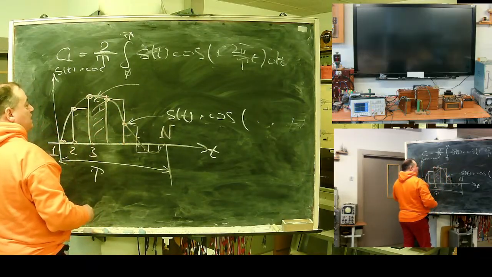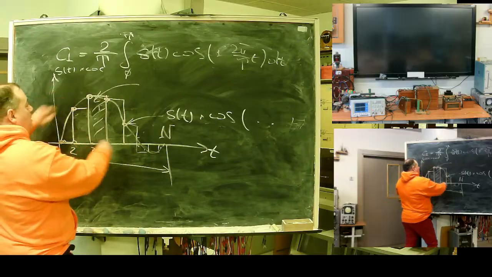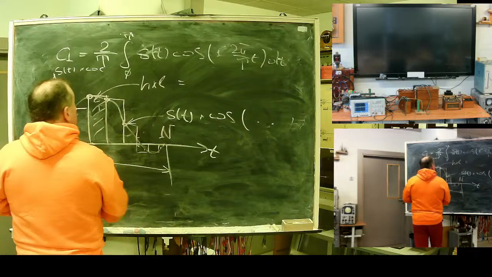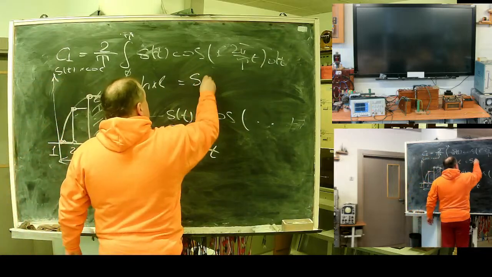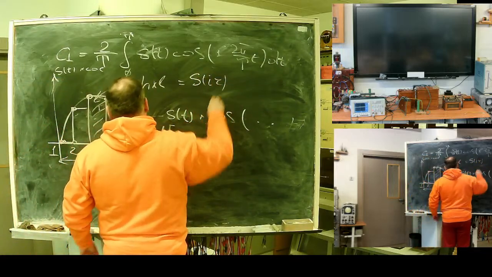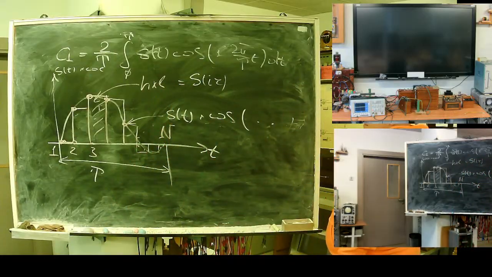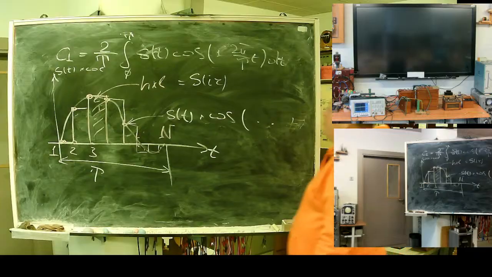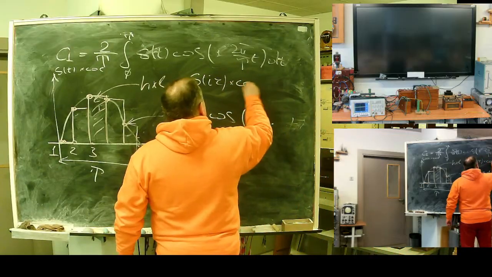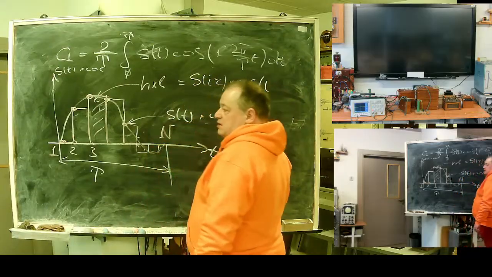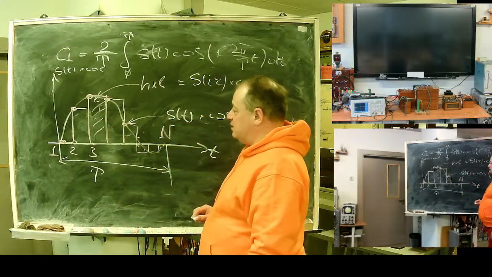The area of one rectangle is h multiplied by a, or the signal value at point i multiplied by the value of cosine at that point, and here is one tricky moment.